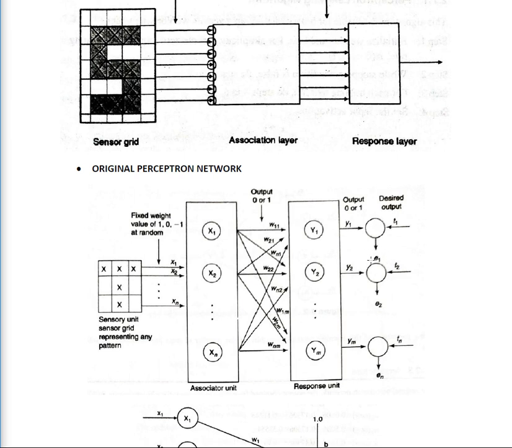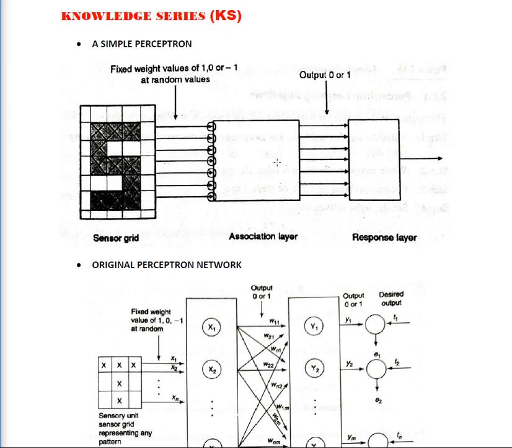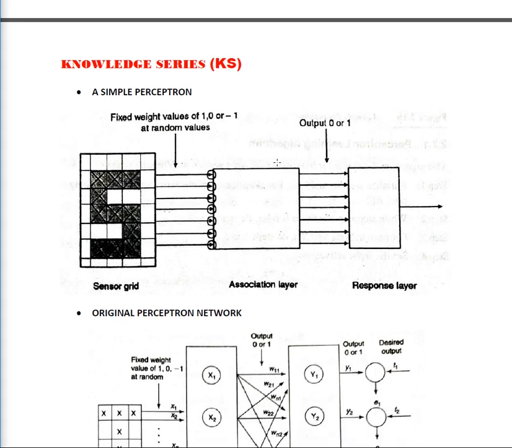That generated error is used for further enhancement of the input. For every node a separate error is shown over here. That is what is shown in the Mark 1 perceptron by Frank Rosenblatt.